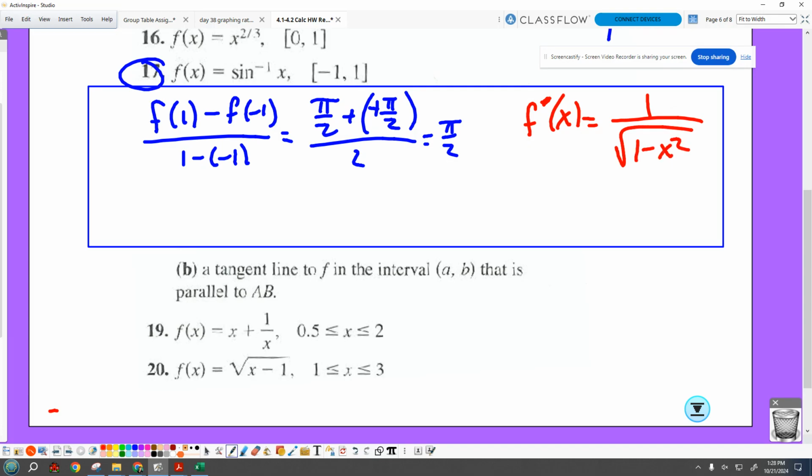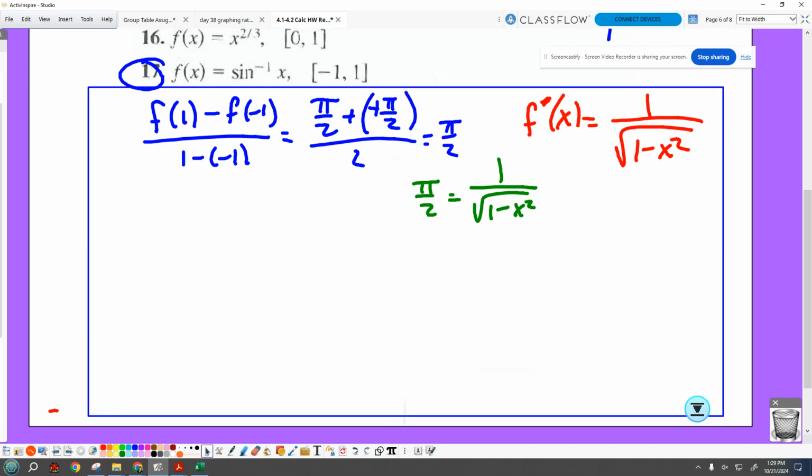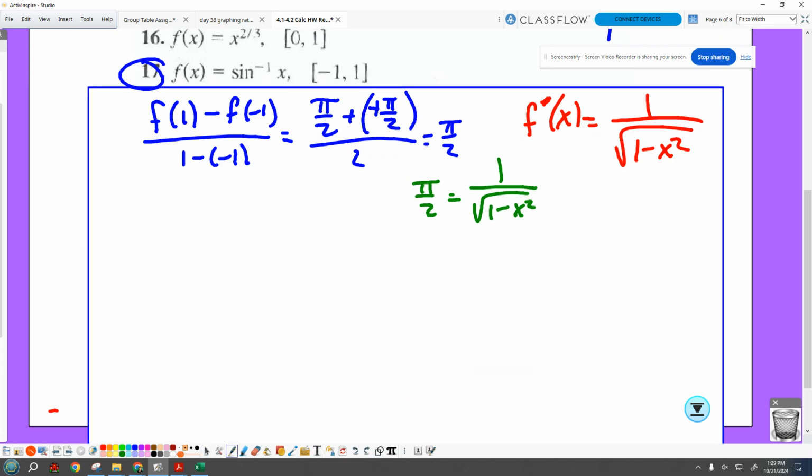So mean value theorem says, when does the average equal the instant? And this is a horrible, mean question. So actually, I lied. You do need a calculator. I can do this, but it's gonna be ugly.